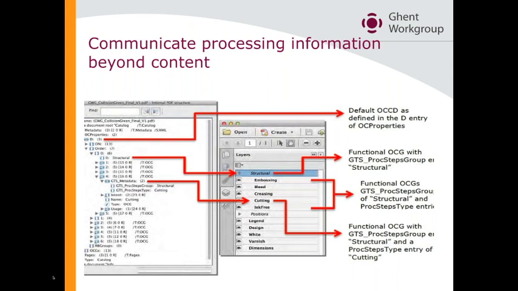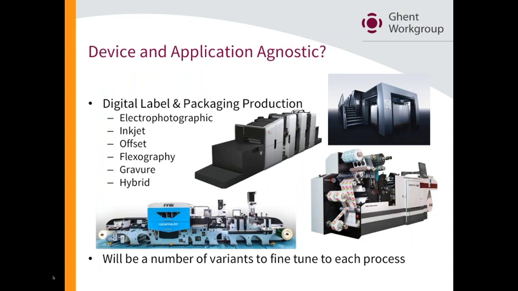When we looked at communicating this information beyond just the content, we tried to define what these fields are going to be, what we could call them, and how they can then be used. This was ultimately published through something we called processing steps, and I'll talk to you a little more about that in a little while.